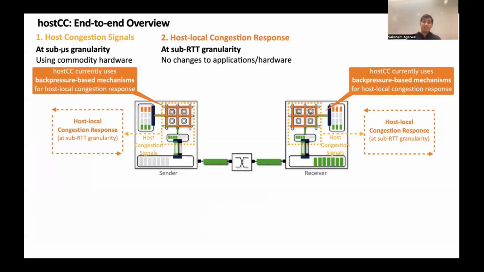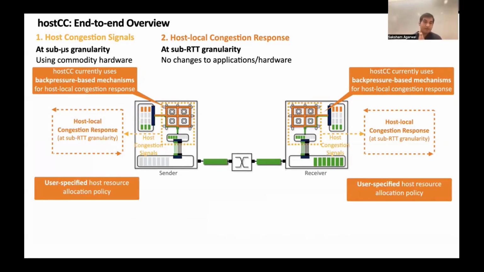Note that host CC architecture does not dictate precise resource allocation policy. Just like different network resource allocation mechanisms can use different allocation policies like maximum fairness, prioritization, etc., we envision host CC to embody various host resource allocation policies and respective implementations.